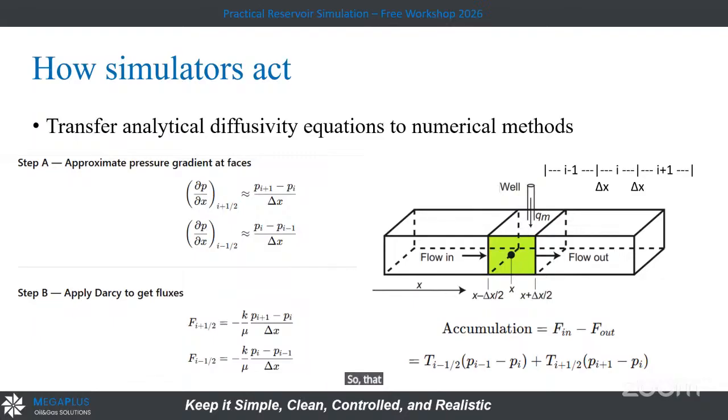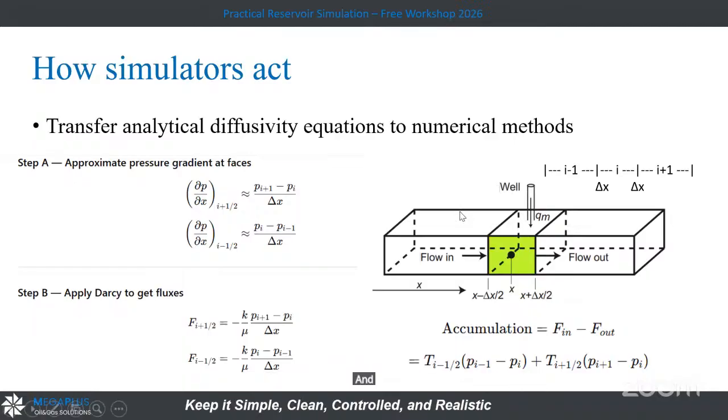That's why we have to upscale the model as much as we can to optimize the calculation, but not affecting the geology, of course.